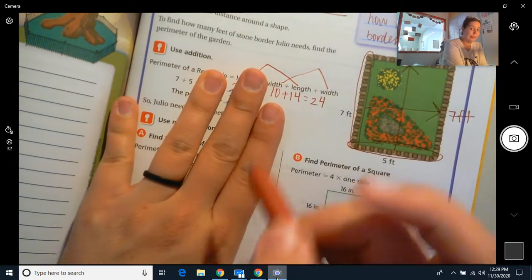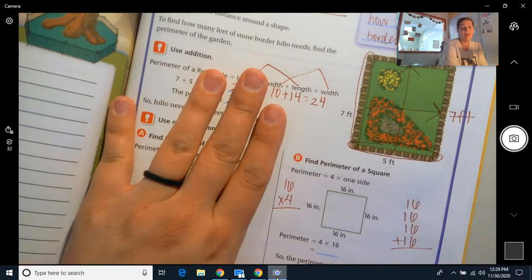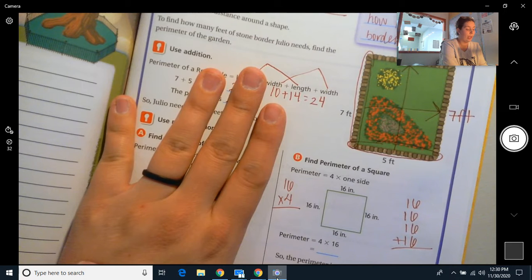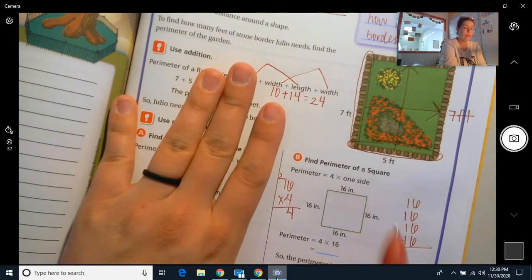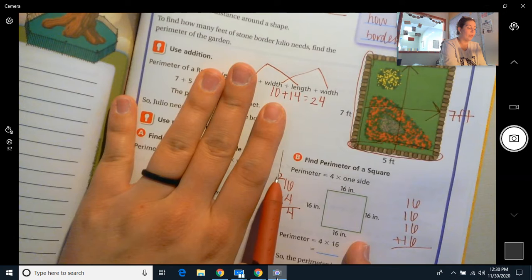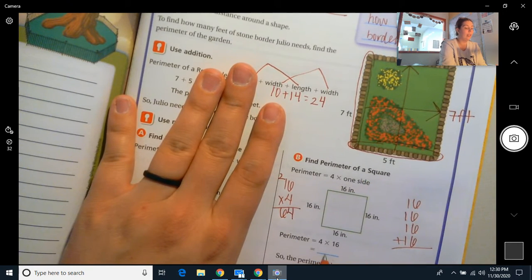Because if I take 4 times 16, I'm going to write that over here, I can multiply a lot faster, okay? So I'm going to start by 4 times 6, which is 24. I'm going to write down my 4, and I'm going to carry my 2. And then I have 4 times 1 is 4, plus 2 more is 6. So I would have found out that this is 64.